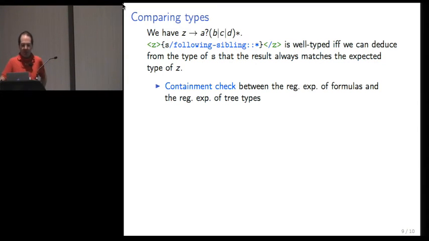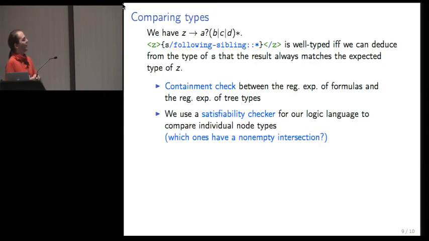The way we can do that is to use a satisfiability checker to compare individual node types. So I have an alphabet in my right-hand expression. It contains A, B, C, and D. And I have a certain number of formulas which appear in my regular expression of formulas.